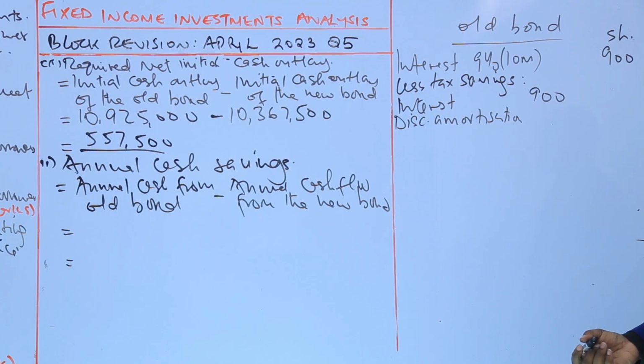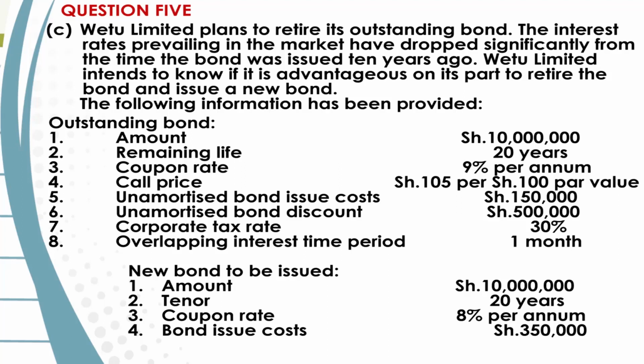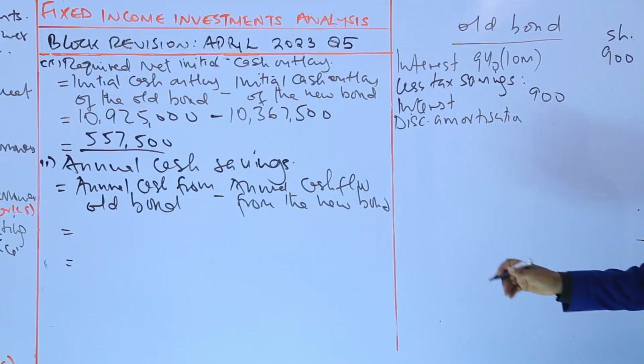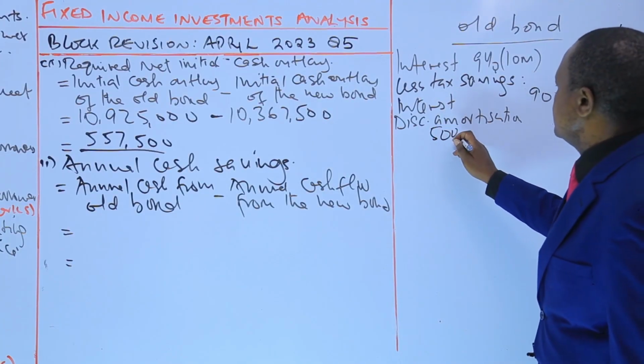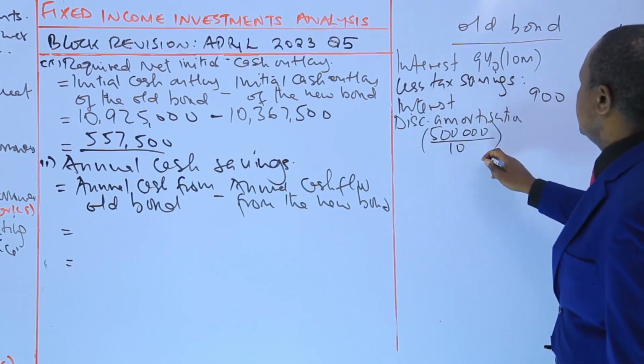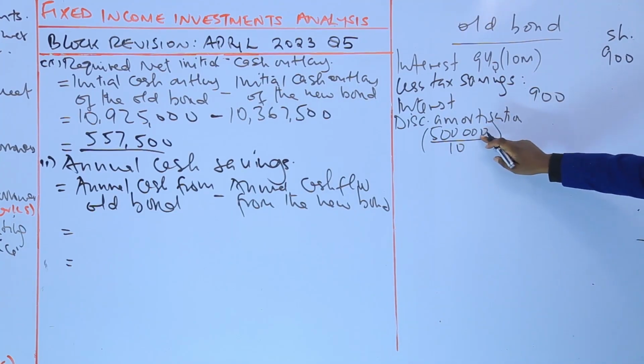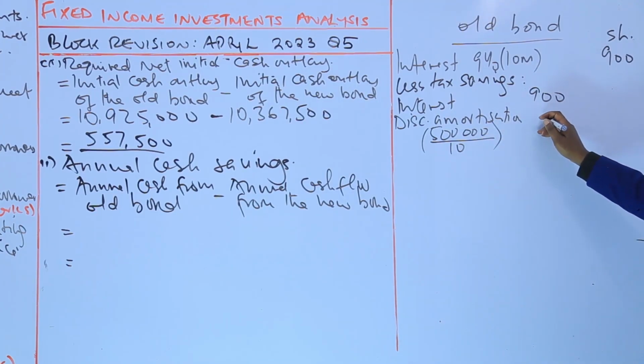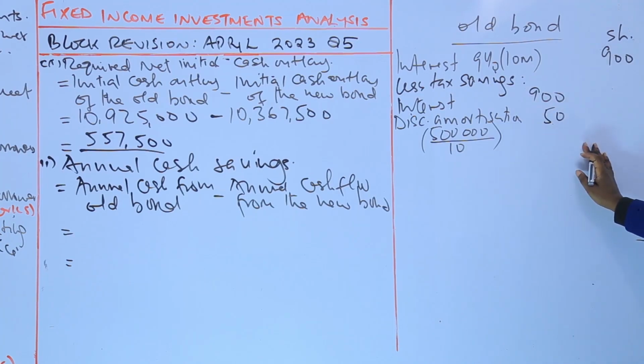The unamortized discount for the old bond is 500,000. We are going to divide by 10, which will be equal to 50,000. 50,000 is the amortization of discount.